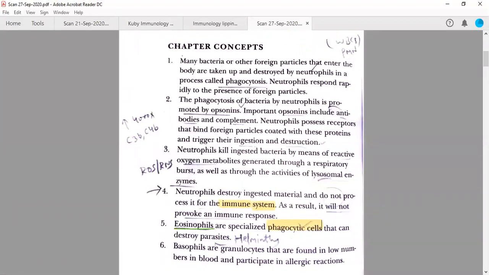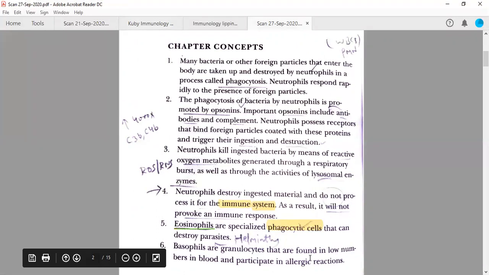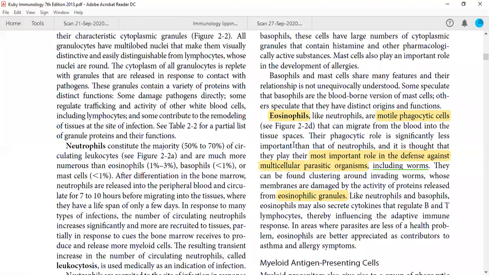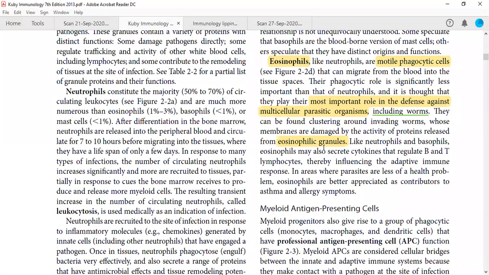All right. So we had discussed eosinophils, then the basophils are granulocytes that are found in low numbers in the blood and they participate in some allergic reactions. So if you talk about basophils and mast cells, which are also derived from basophils, they take part in allergic reactions because they have some molecules which they store, right?